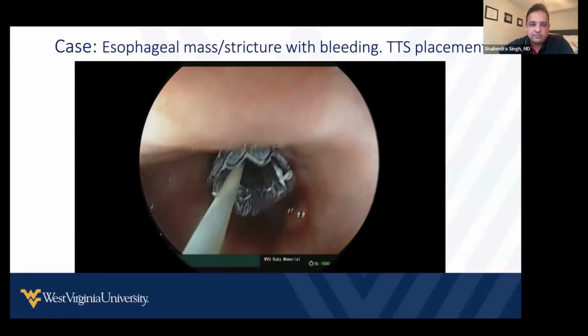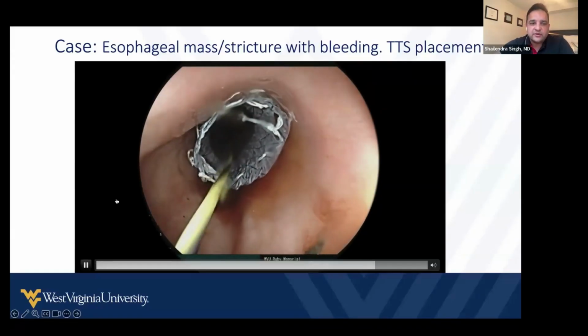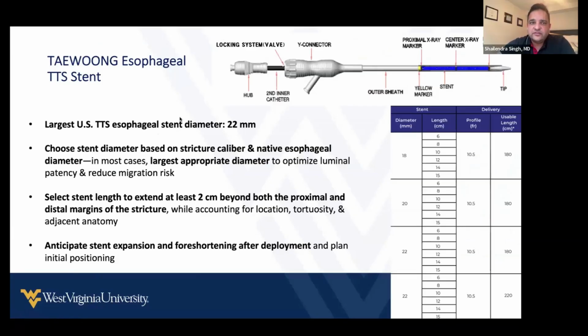So here we have completely deployed this stent across this stricture. This is the Tevu esophageal stent we use. The largest diameter available in the United States is 22 mm, and if you look at the stents that are wire guided, the largest diameter is 23 mm.